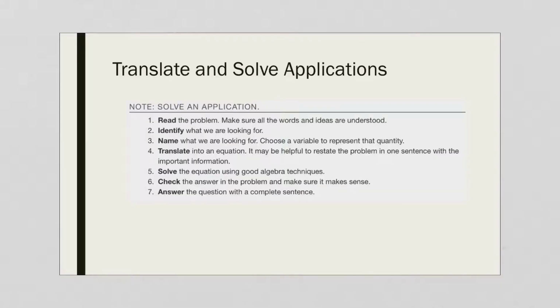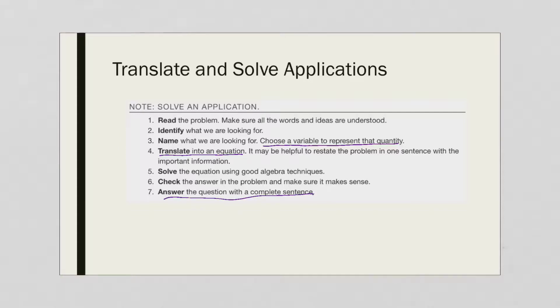All right, so this is just some helpful hints to solve an application. By application, I mean word problem. So again, read the problem, identify what you're looking for, name what you're looking for. By that, I mean choose a variable to represent that quantity, translate it into an equation, solve, check, and then answer the sentence with a complete sentence.